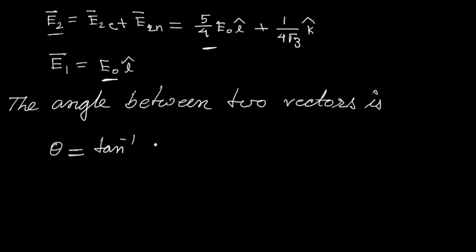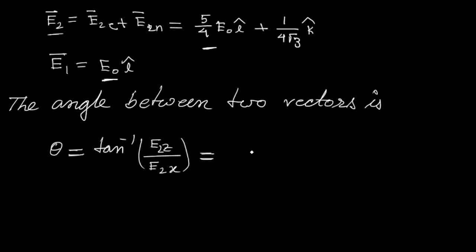So tan inverse of E2z divided by E2x, that is the z component of the electric field over the x component.